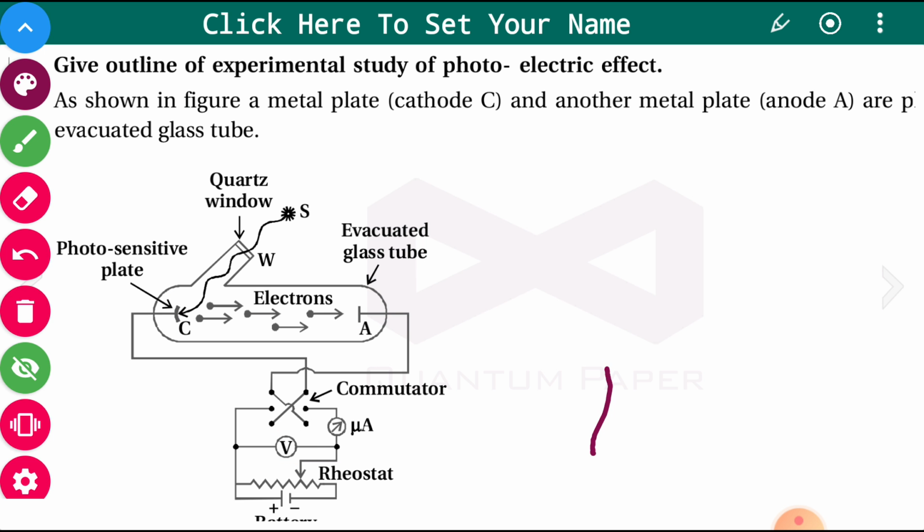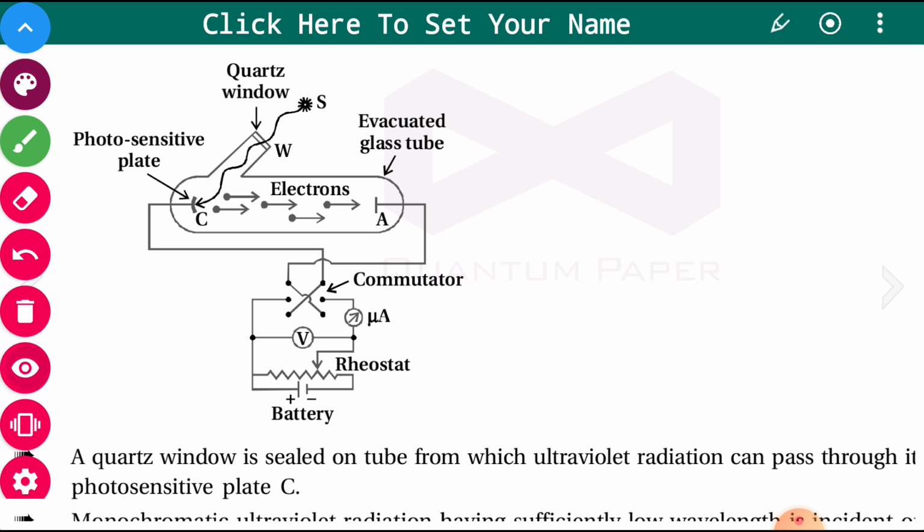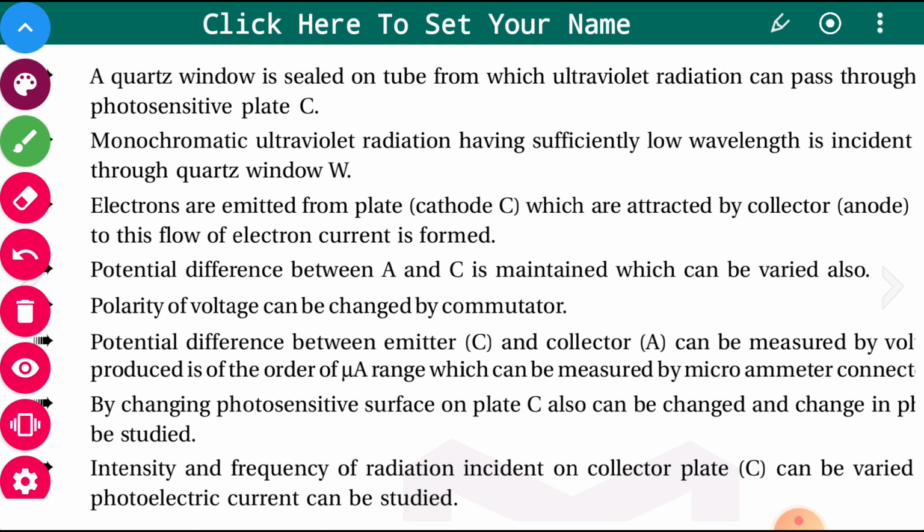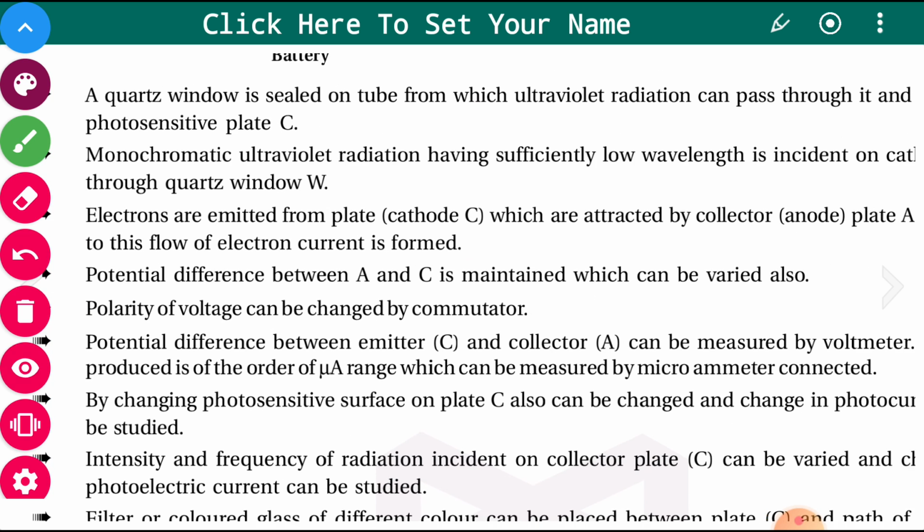This way the circuit is connected. Here a rheostat is also connected, and with the help of this rheostat we can change the value of voltage, and simultaneously there will be an effect on the electric current which is flowing in the circuit. So this is the experimental arrangement.